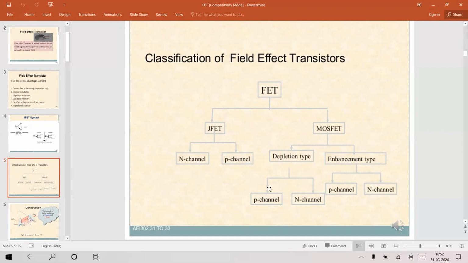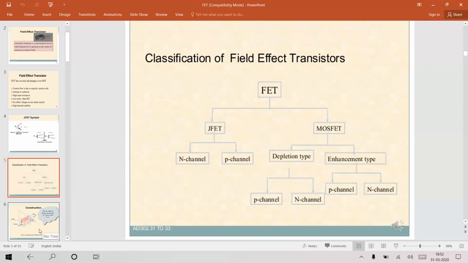Depletion can be further classified into P channel depletion type MOSFET and N channel depletion type MOSFET. Enhancement can also be classified into P channel and N channel enhancement mode MOSFET. So this is the basic classification, and we go on studying one by one.